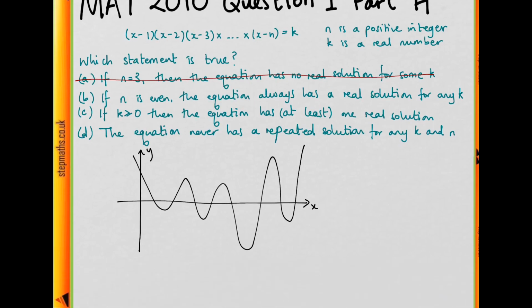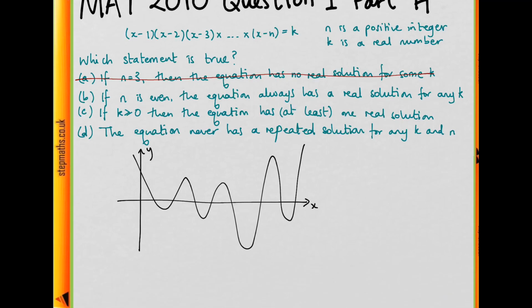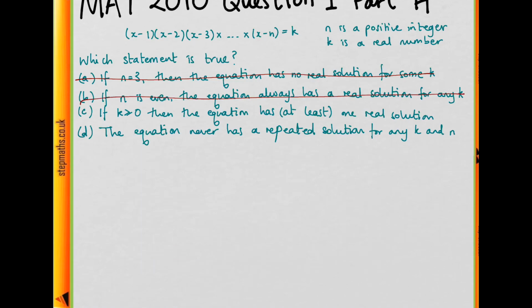And we see that there is a value of y that this graph doesn't go below. And so if we choose our k to be lower than this value of y, then it's going to miss our graph altogether, and so there won't be any real solutions. So answer B is also incorrect, it's false.